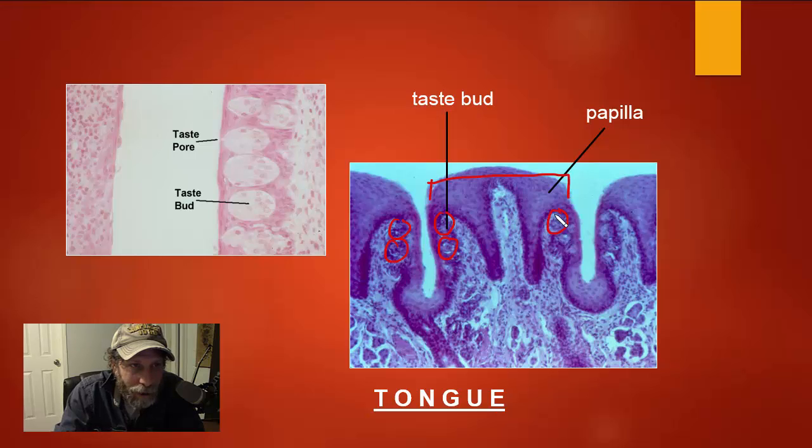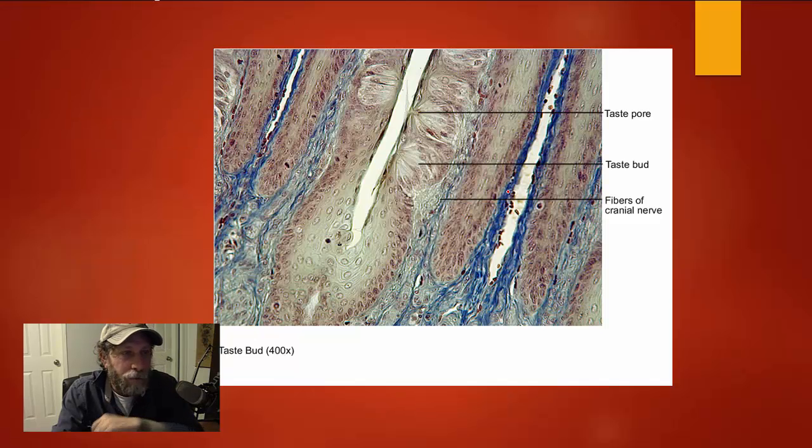There are many cells in here making up a taste bud. And there's a tiny little pore here, so the food that you eat and chew and that saliva lubricates comes down and it stimulates a little hair here, a little nerve, and that sends a nerve impulse up to the brain. Okay, so those are the taste buds on the papillae of the tongue, which you've already seen.